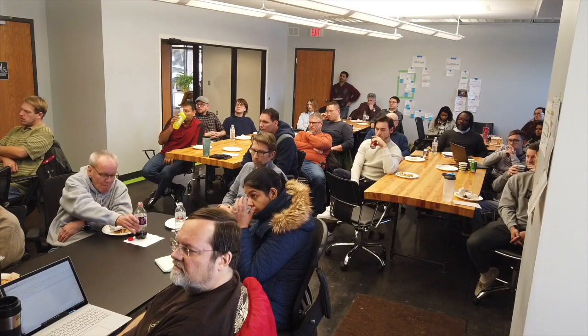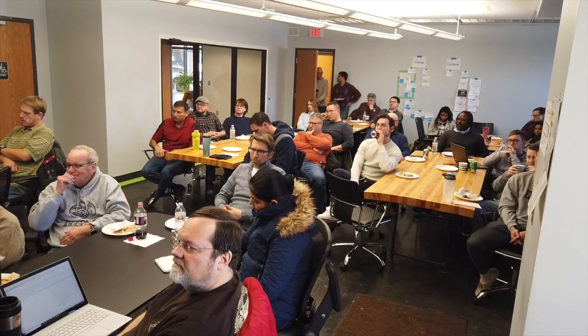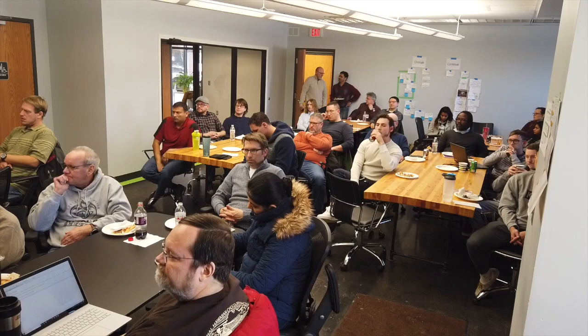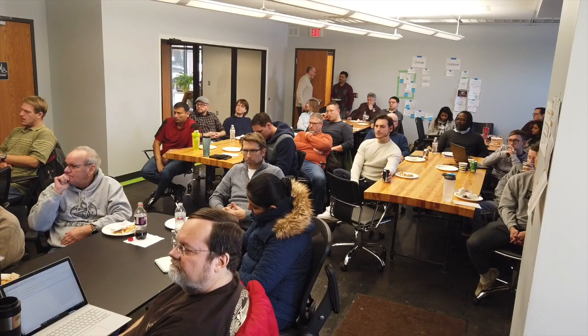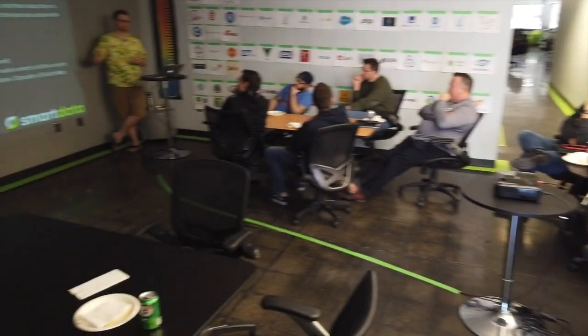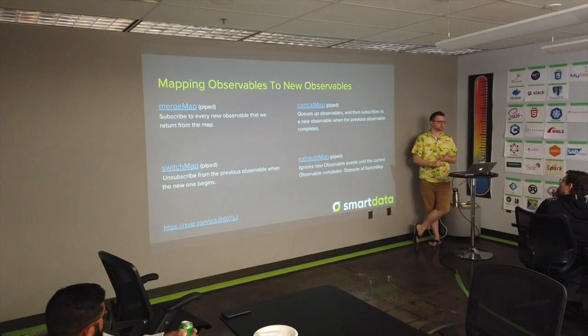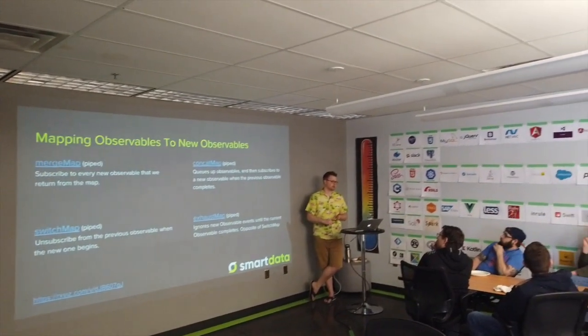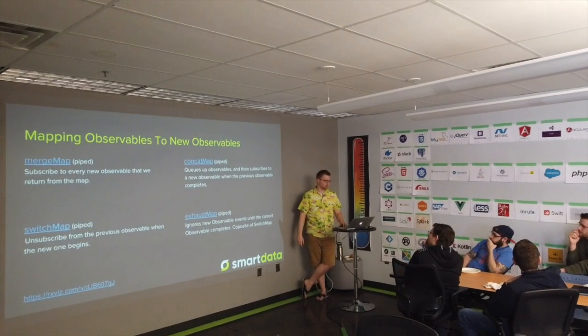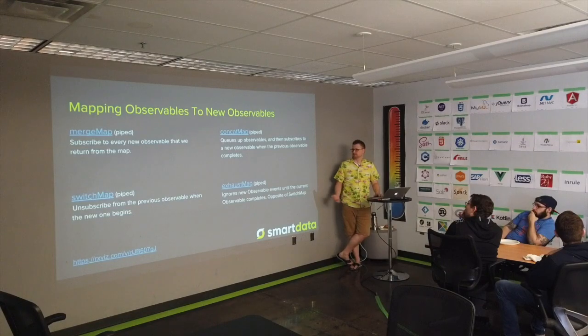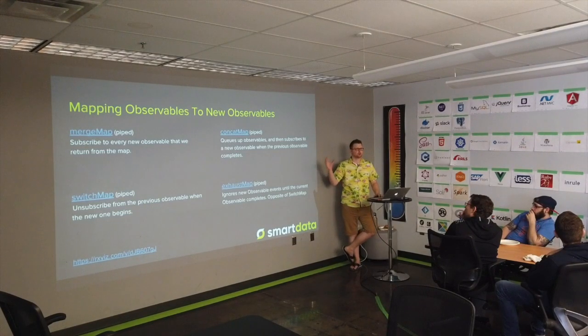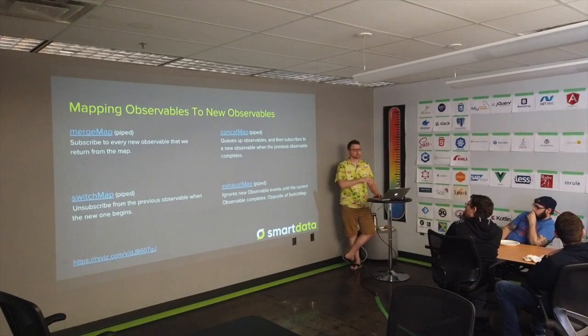Concat map will queue up a new observable every time an event happens, and it will wait until that inner observable finishes before it fires off again. So it'll fire off all the inner observable for the first result, then all the inner observable for the second result, and so on and so forth. And then exhaust map is the opposite of switch map in that it ignores everything coming in from the initial observable until the inner observable completes.